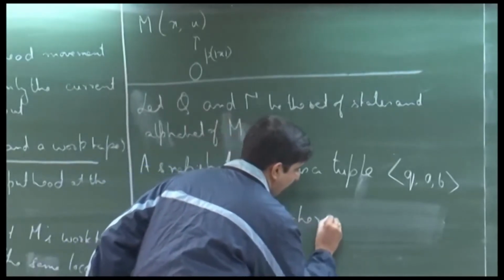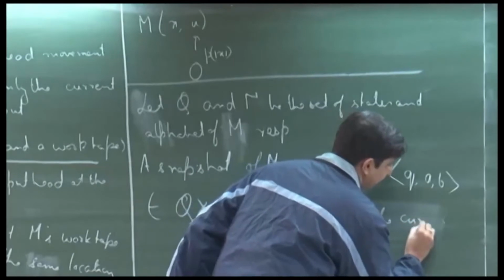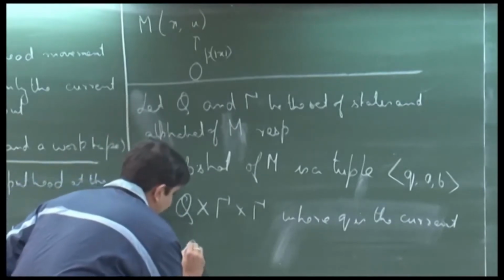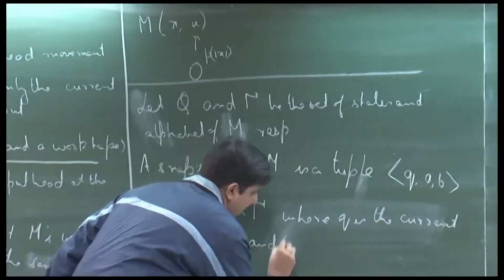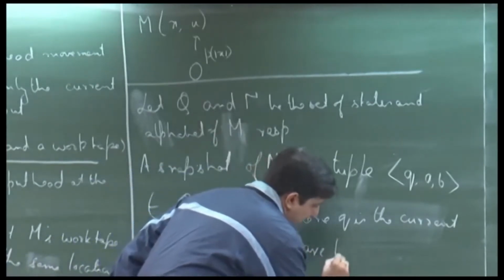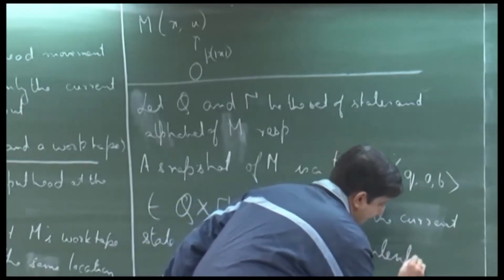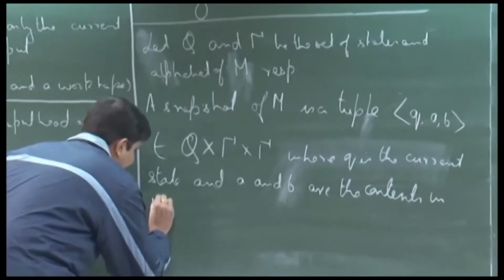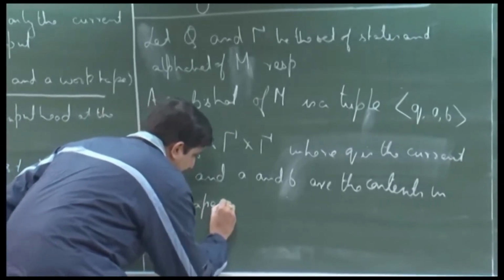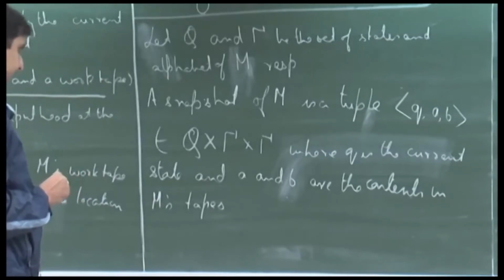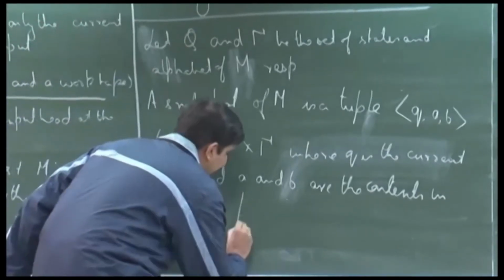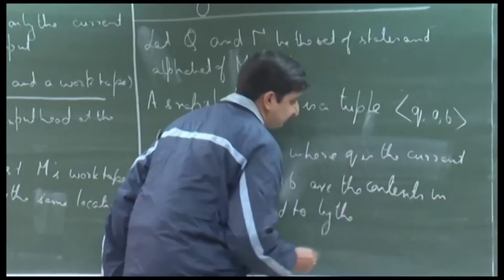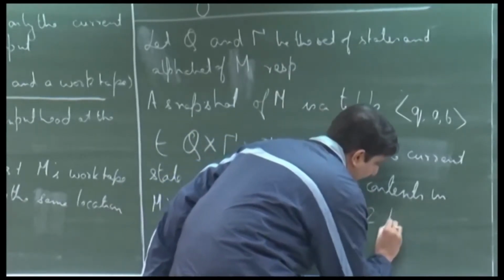where q is the current state and a and b are the contents in M's cells pointed to by the two heads.